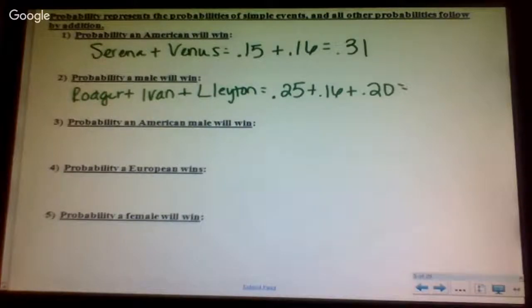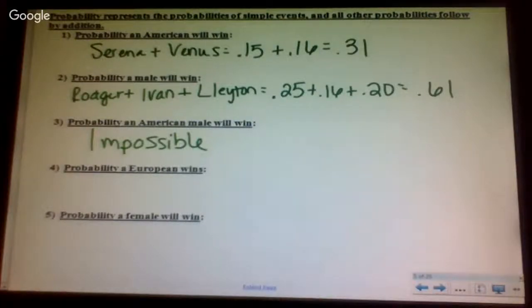That gives us a total probability of a male winning of 0.61. What about the probability of an American male winning? Impossible. I don't have any American males. All of my Americans are females.